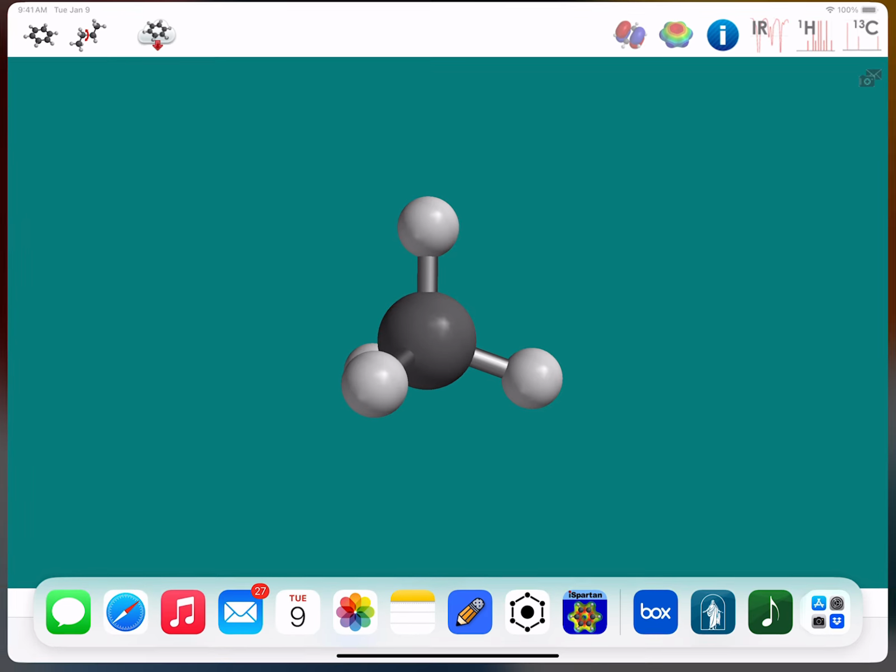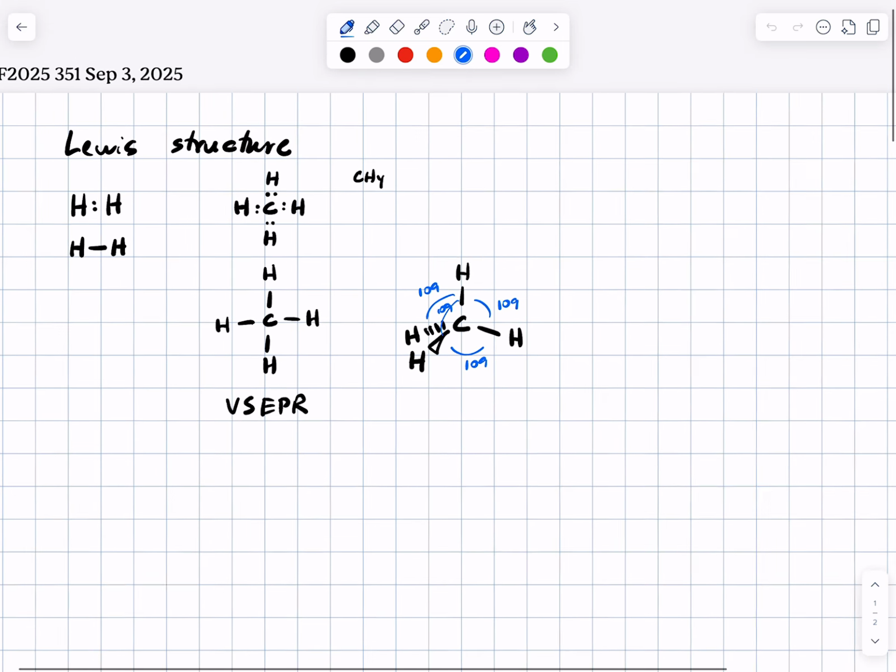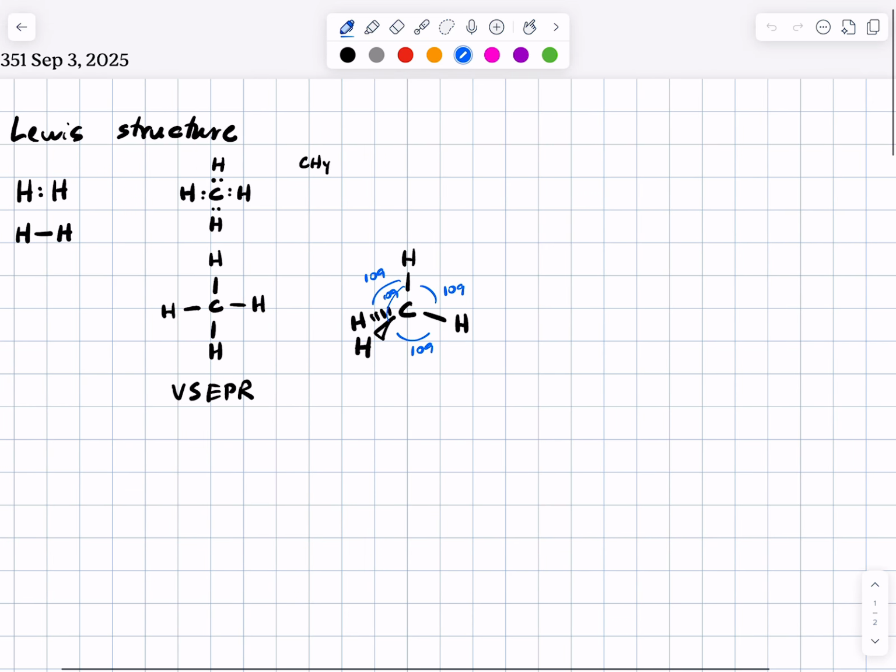You're going to need to get good at visualizing the 3D shapes of molecules via this kind of drawing with dashes and wedges. All right, well, what if the molecule's more complicated than that? So what if the molecule was CH3, CH3?